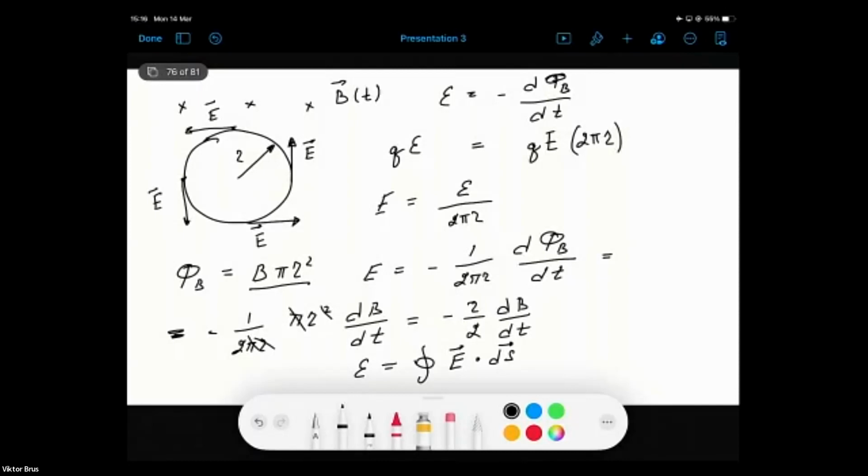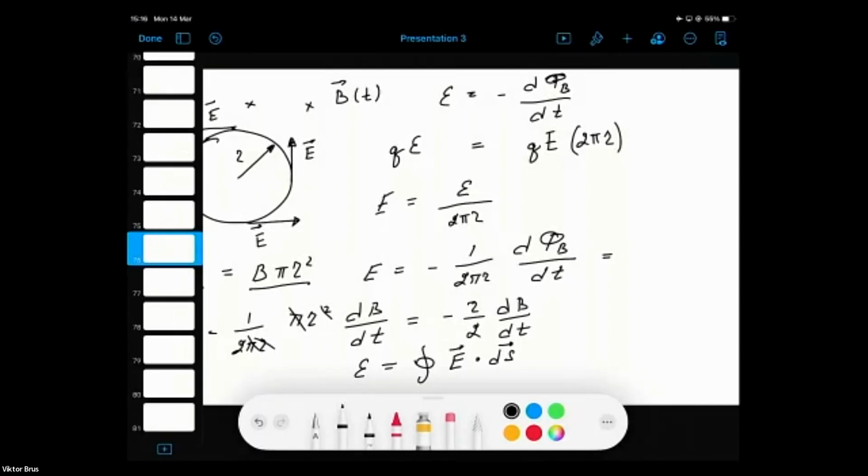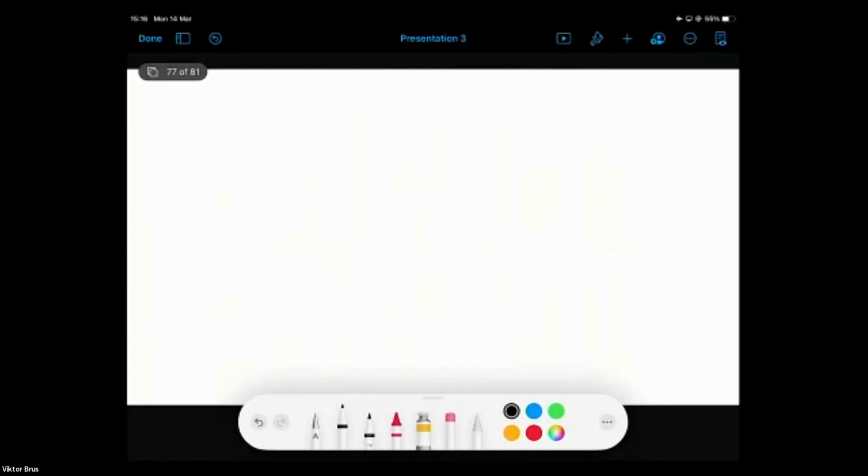Taking this into account, we proceed further. We remember that electromotive force, according to Faraday's law, is minus dFB over dt, and that should also be equal to the integral over the closed current loop of the scalar product E vector ds vector.